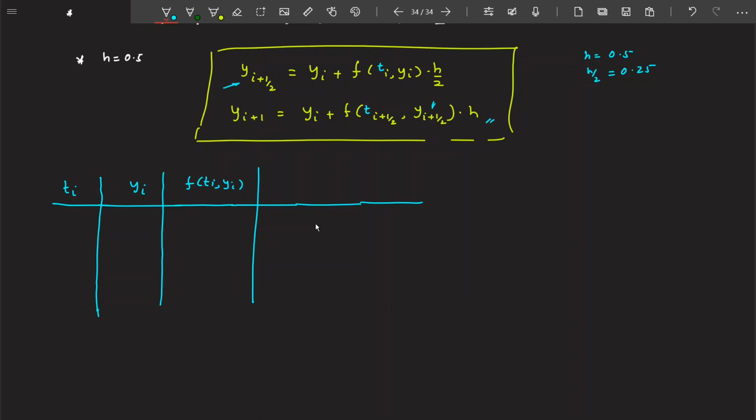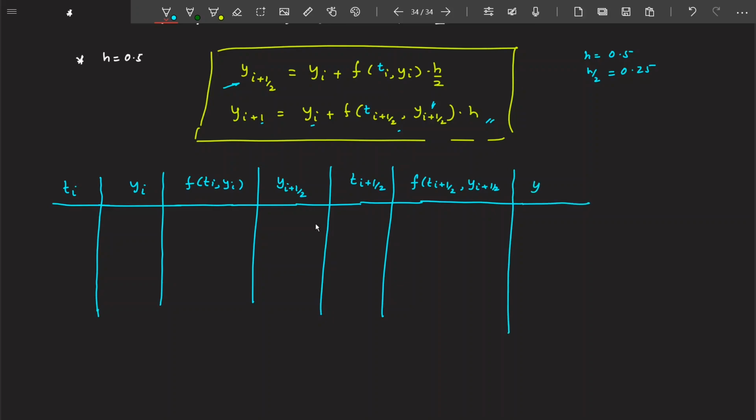If you see this formula, you'll understand what should be in the table. So next is going to be yi plus half, then the next is going to be ti plus half, and then f of ti plus half, yi plus half.